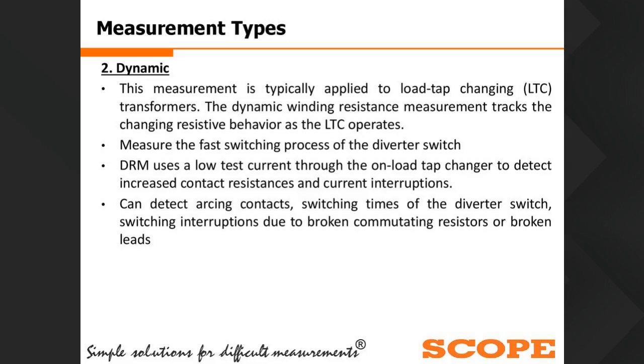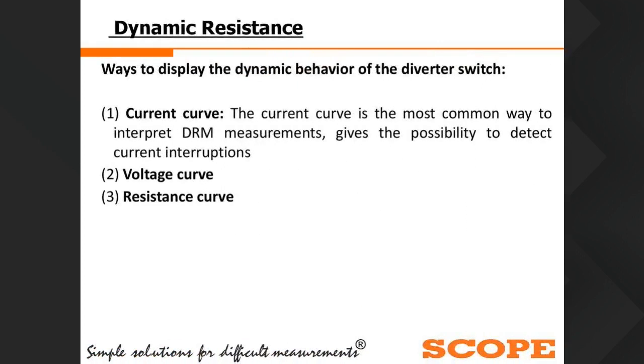This method is used to detect the arcing contacts, the switching time of the diverter switch, and switching interruptions due to broken commutating resistors or broken leads. For the dynamic resistance of the transformer, we can check with the help of graphs.